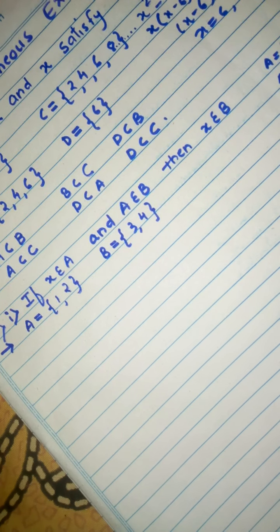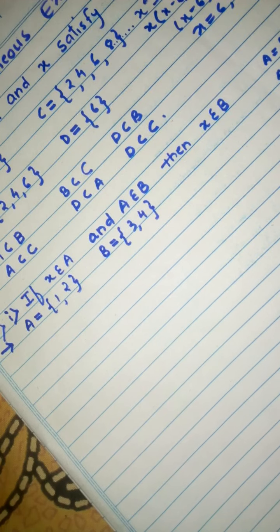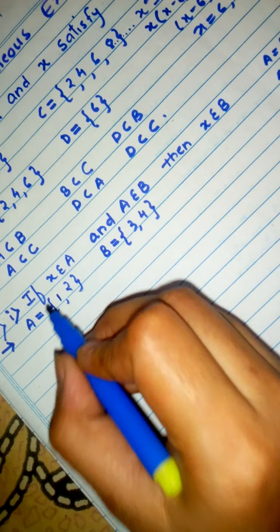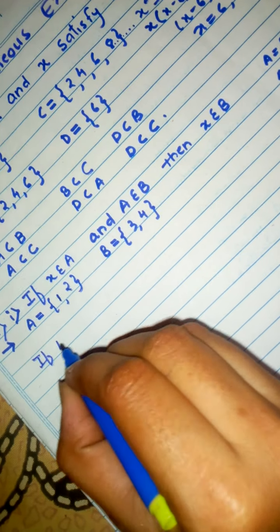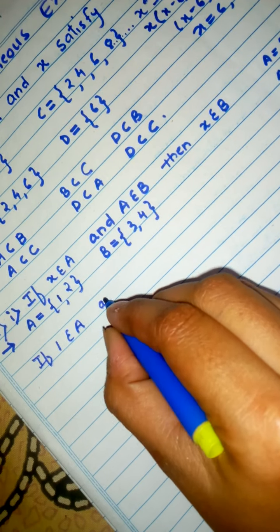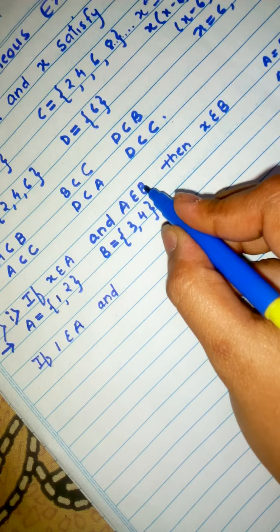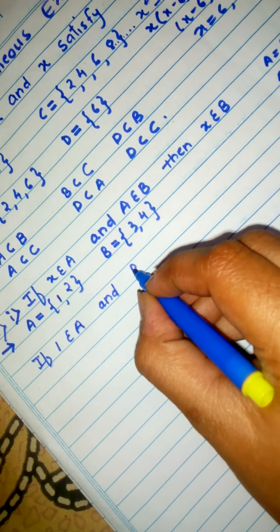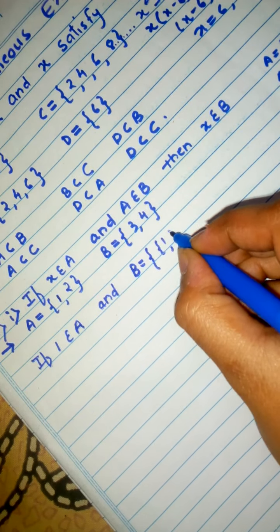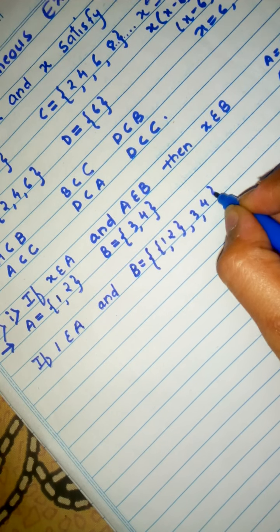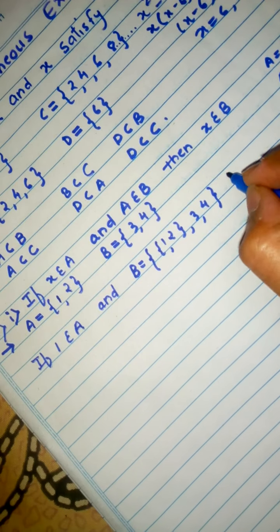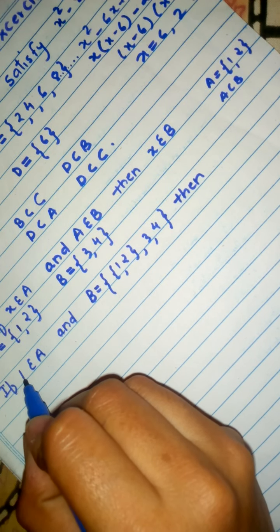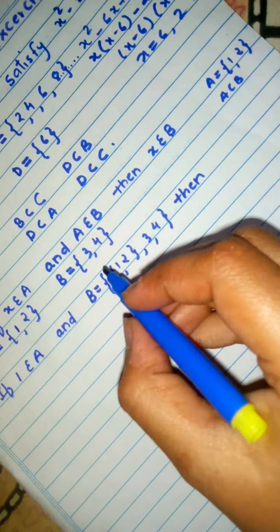Now the statement says that if x belongs to A, let us take the element 1, so 1 belongs to the set A, and A belongs to B, that means the whole set A belongs to B, then x belongs to B, that means whatever x we have chosen, 1, also belongs to B.